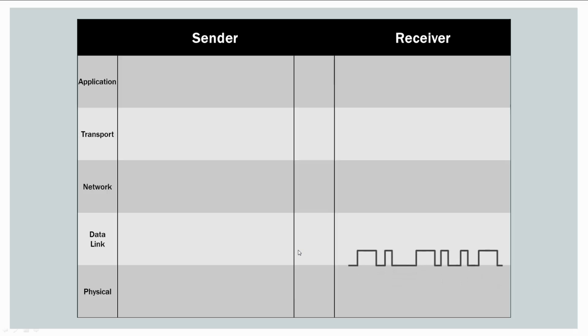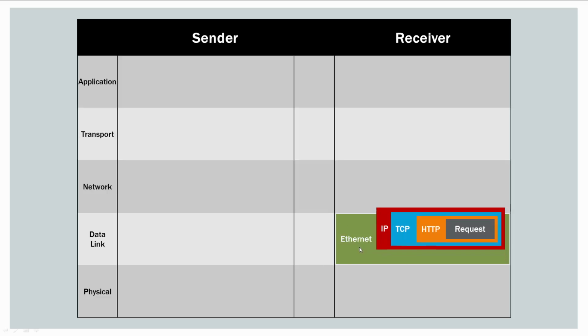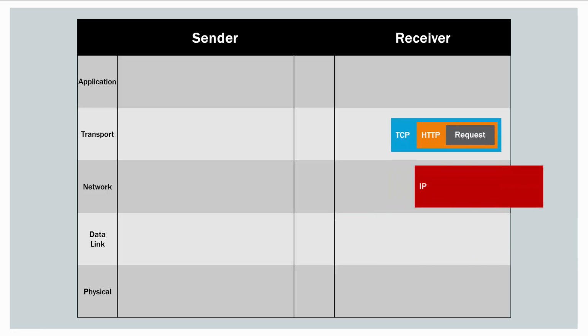The receiver's physical layer then knows how to translate that back up so that the data link layer can understand it. Data link layer looks at the MAC address and all the other Ethernet stuff on it, takes it out of its message, sends it on up, and continues to send it up and up.